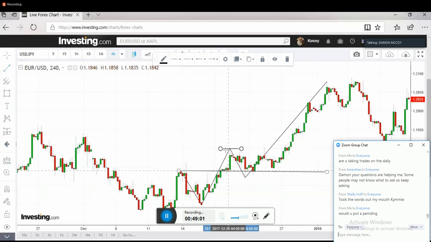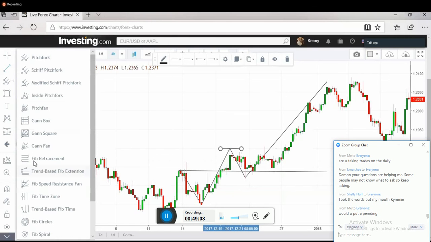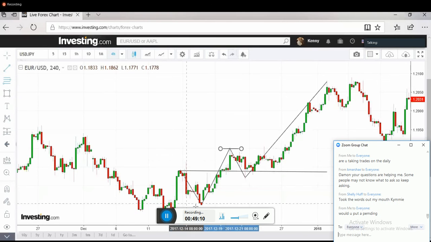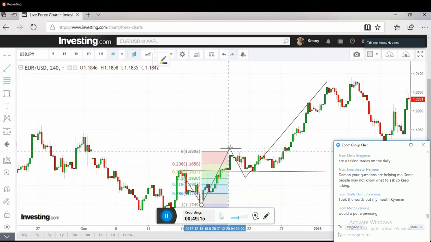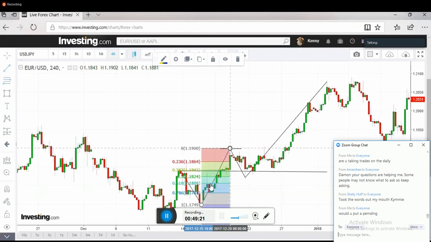So you get it? A minimum of 2 candles and at least a 0.382 retracement. So if I go from here down to here, this is actually a 2.